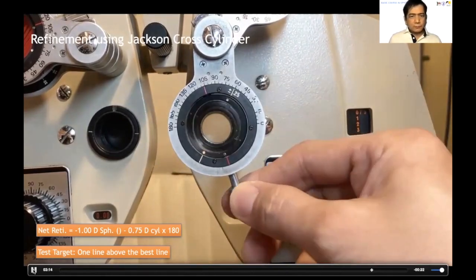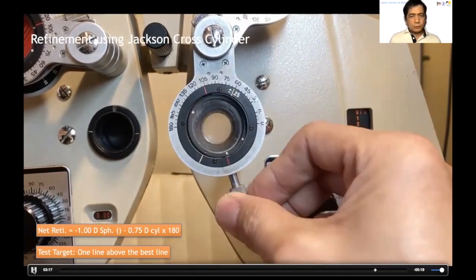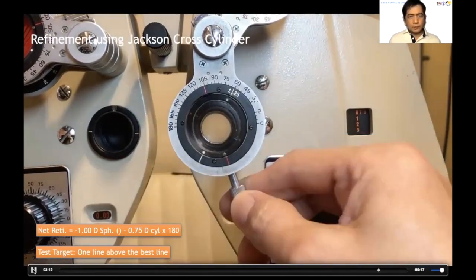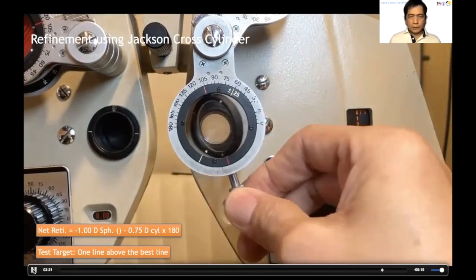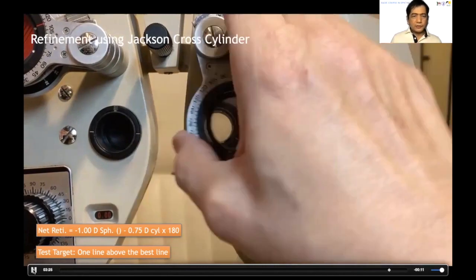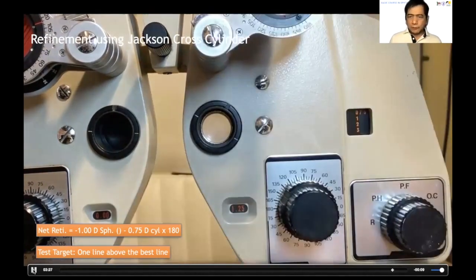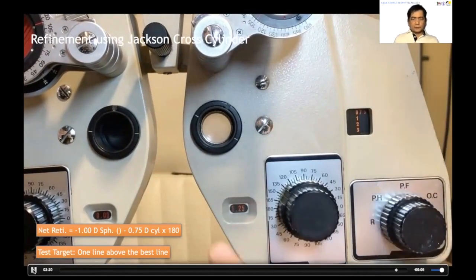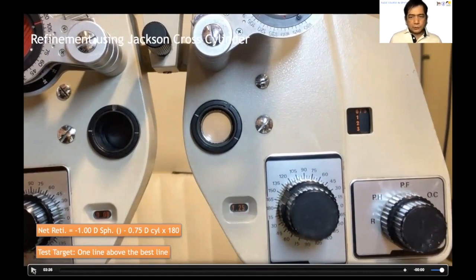And then again, you ask the patient, which is better, lens 1 or lens 2, or are they the same? If the patient reports that they are the same, you are now done with the refinement of your cylinder power. Remember that for every 0.50 diopter change in your cylinder power, you also have to move your spherical power by 0.25 in the opposite direction.